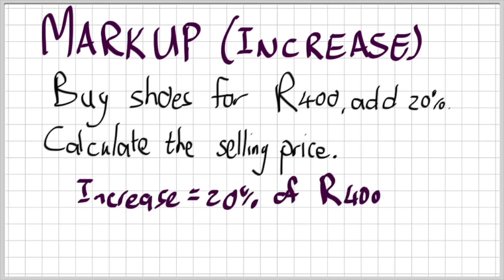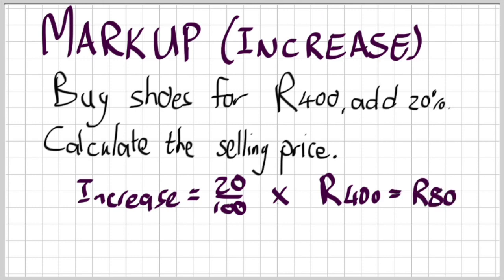It's 20% of 400. I don't want to work with percentage, so I'm going to first of all convert the percentage into a fraction. So 20 over 100. Of means multiply. So I'm going to very simply say 20 over 100 times 400 over 1. So how do I do that?